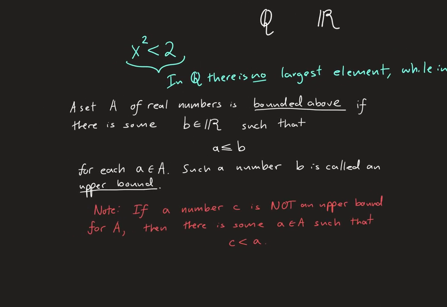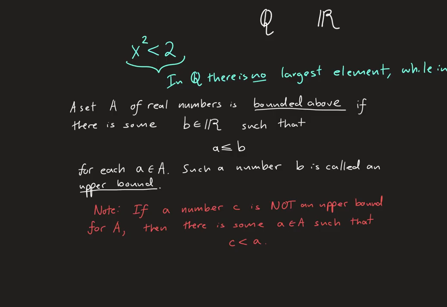First of all, let's talk about what it means for a set of real numbers to be bounded above. It's an intuitive definition. We have perhaps a subset of the real numbers. A subset of the real numbers is bounded above if there is some number in R such that each element of our set is less than or equal to that number. So a set of real numbers, A, is bounded above if there is some number that's bigger than all of the elements of A. That's what this says right here.